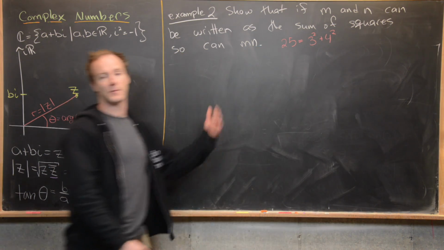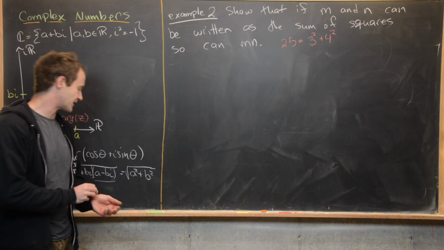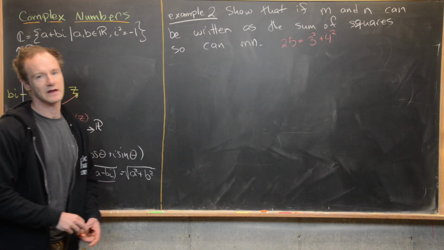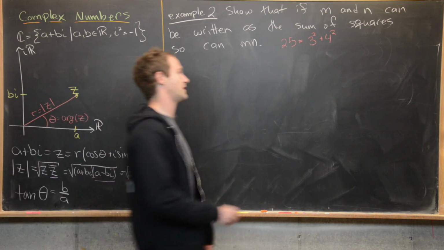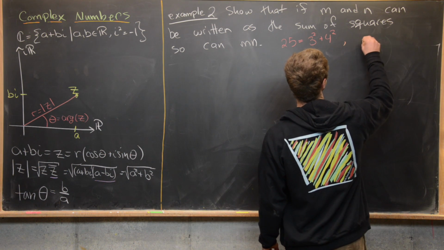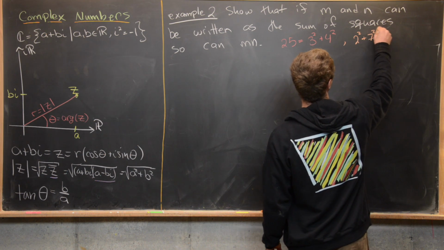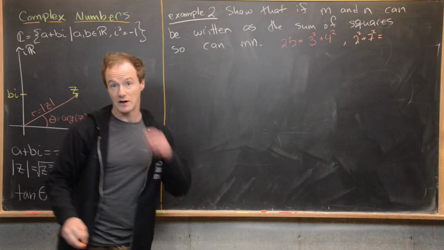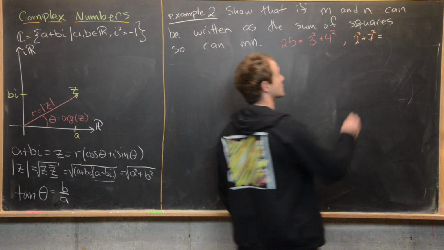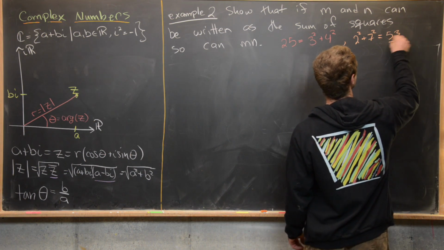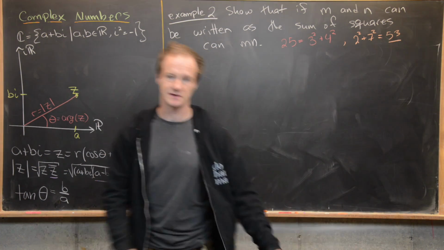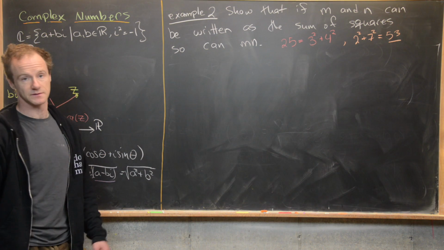Well, that's just part of a Pythagorean triple, but it turns out that there are lots of numbers that can be written as sums of squares that are not Pythagorean triples. Like for instance, if we take 2 squared plus 7 squared, that's going to be 4 plus 49, so that's going to be 53.